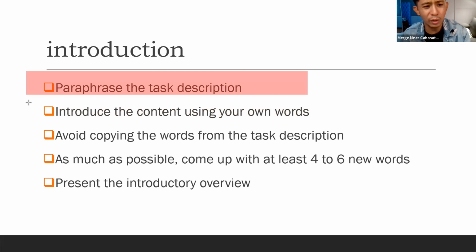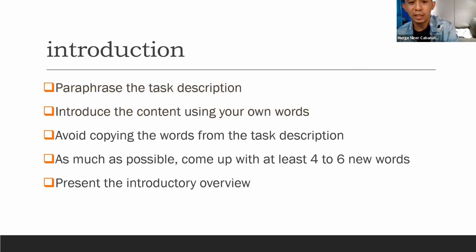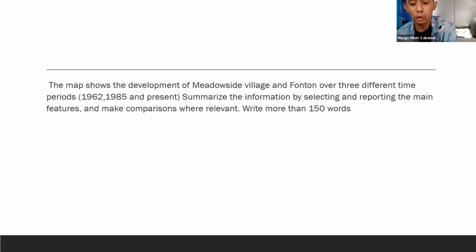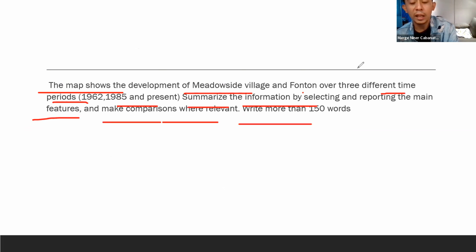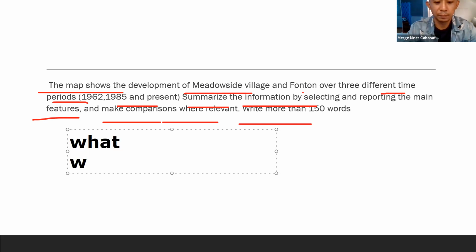When you introduce the content using your own words, the key element in doing that is you will look for the words of the task description. Once again, you will refer to the task description. Sir, what is a task description once again? So here's the task description. You will paraphrase, you will search for the words that can be replaced here, and then you will be introducing the content in your own words by first listing down your variables.